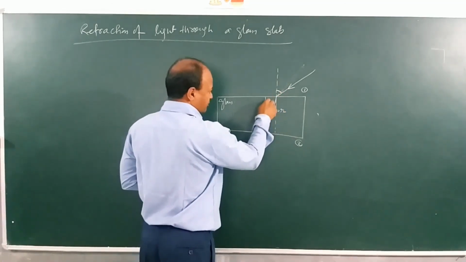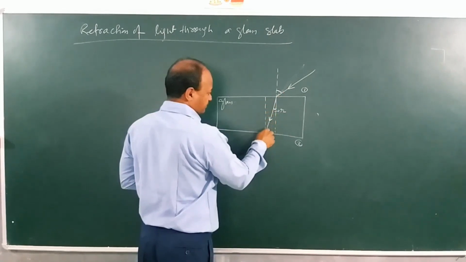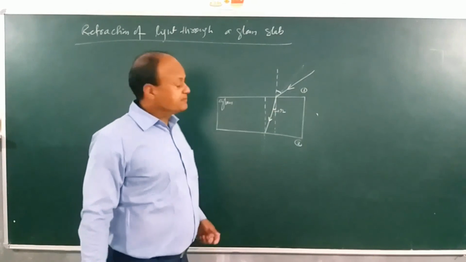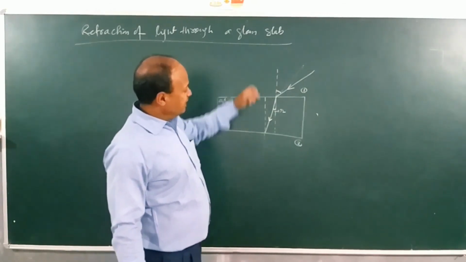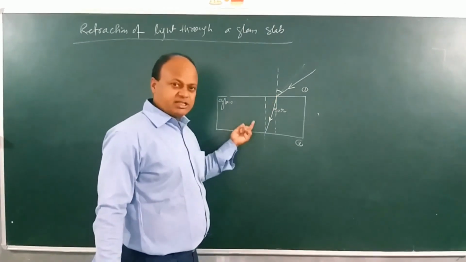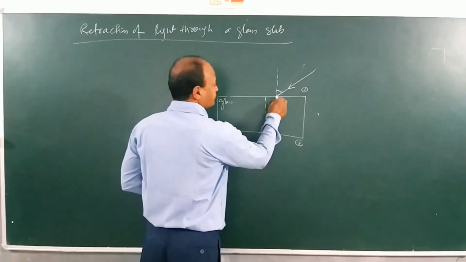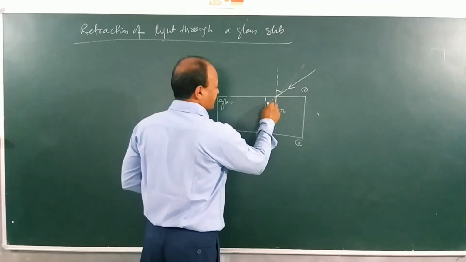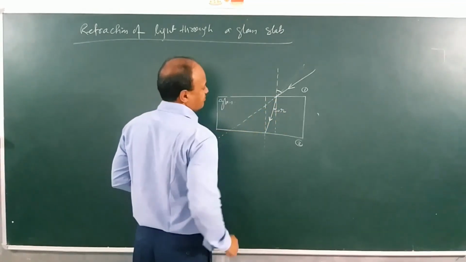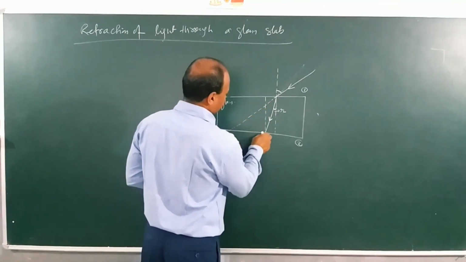Here also we draw a normal. Now the important point for you to remember is, as the medium above and below is the same, the emergent ray will be parallel to the incident ray. So we will be drawing how the incident ray was traveling. This is how the incident ray is traveling. So the emergent ray is parallel to this ray.